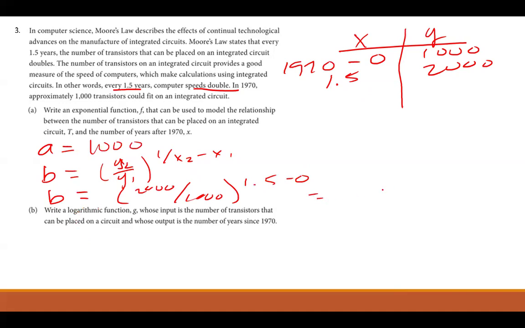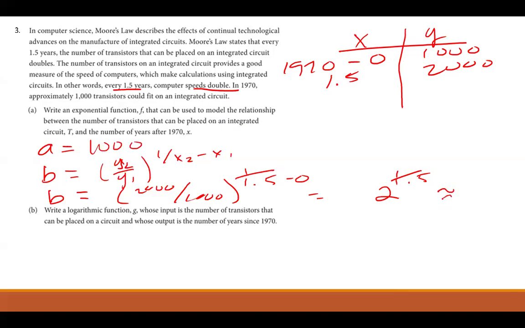I can clean this up a little bit, and I get 2 to the 1 divided by 1.5, because 2,000 divided by 1,000 is 2, and 1.5 minus 0 is 1.5.